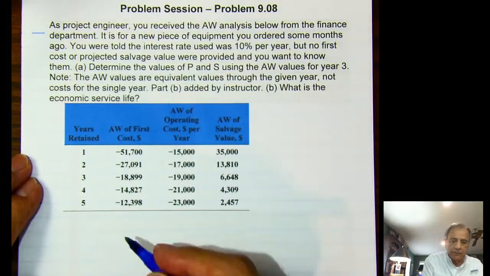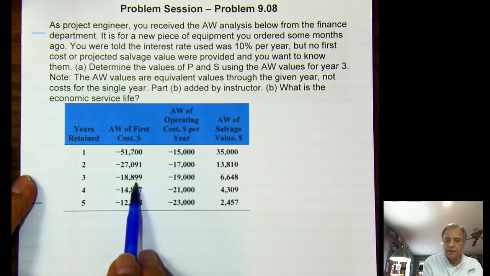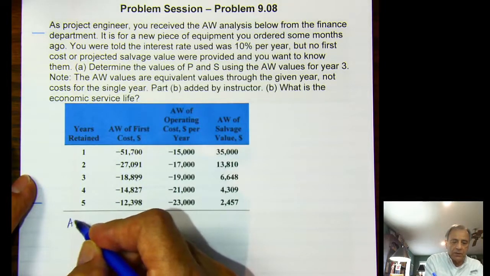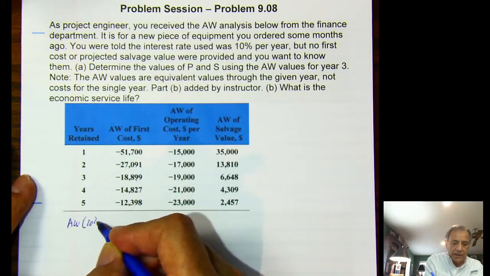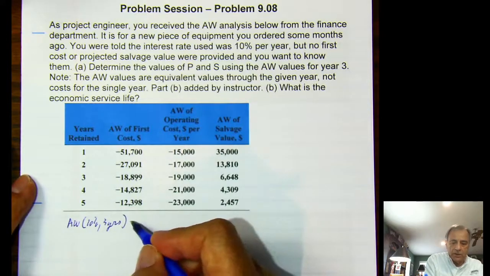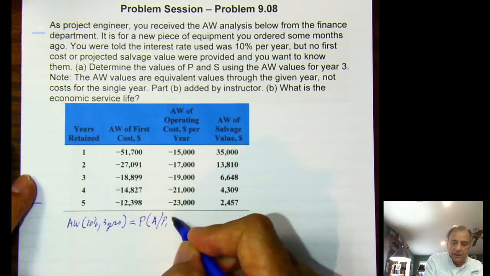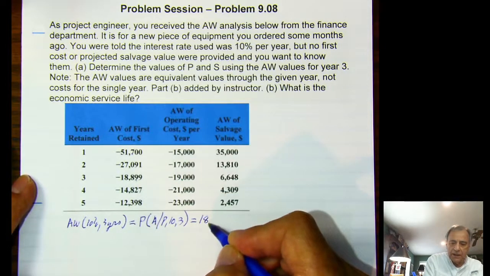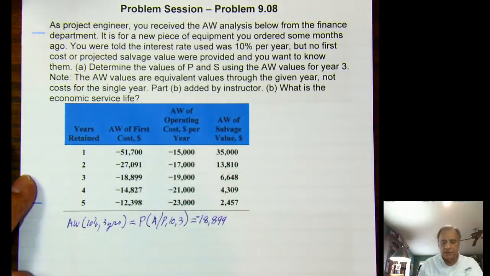It says the annual worth of the first cost, if you keep it 3 years, is $18,899. So the annual worth at 10% and 3 years of the first cost would be equal to P times A given P, 10%, 3 years, and that's given as 18,899. Actually, it's a negative number, so we'll put the negative there.